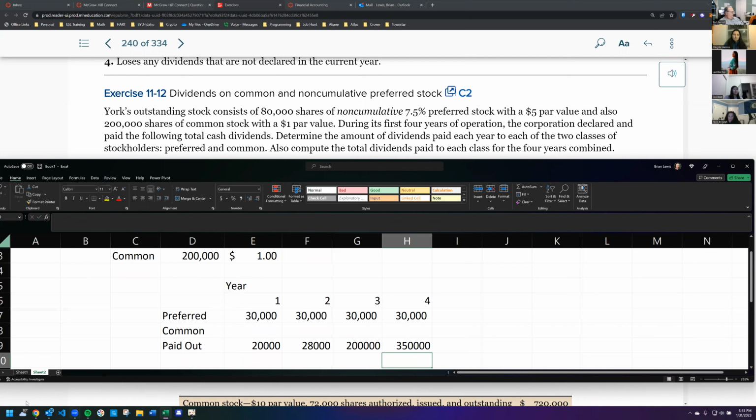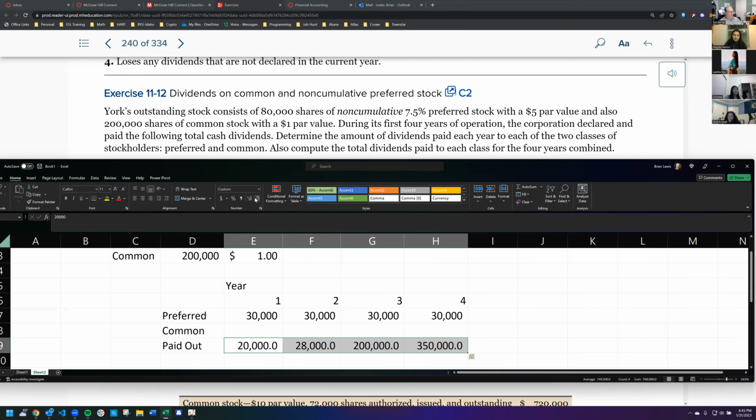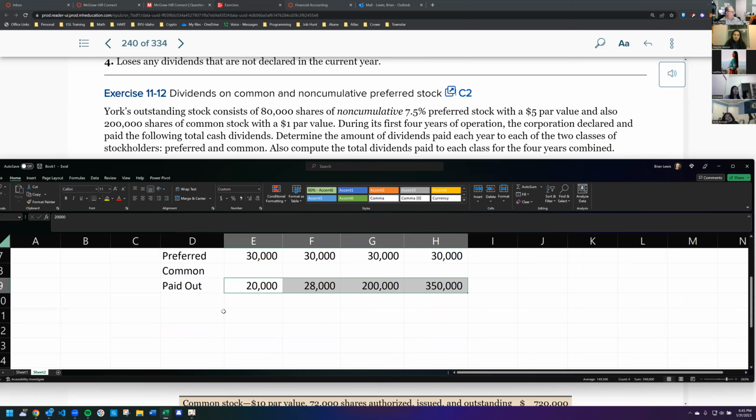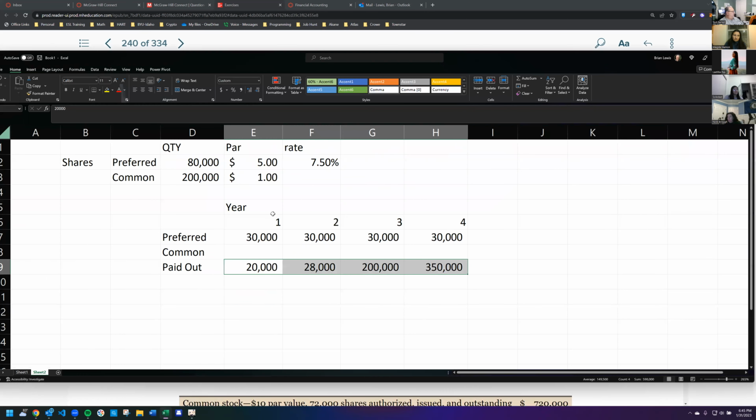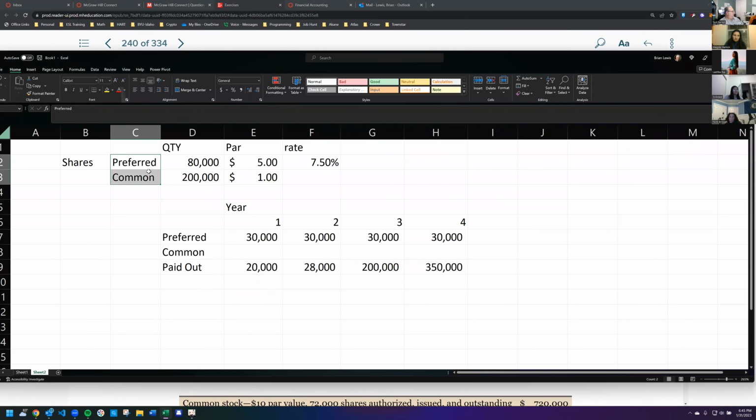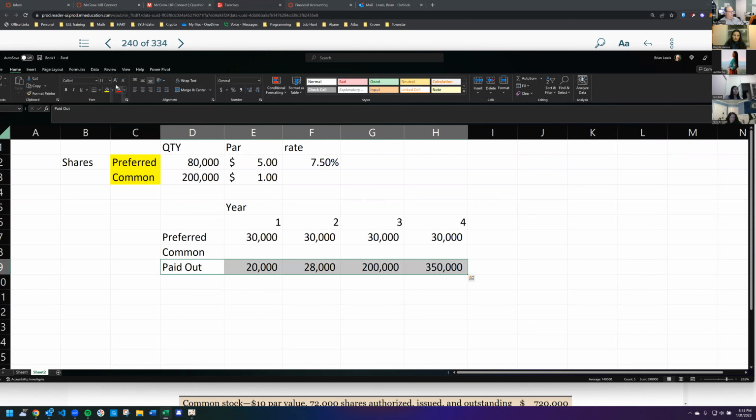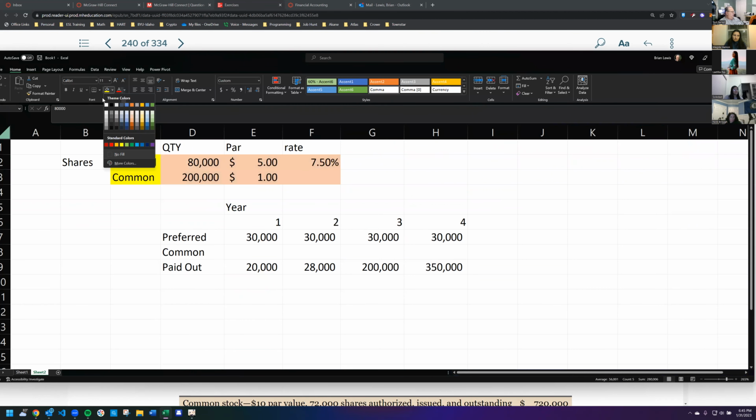Okay, so effectively, this is what you're given. I'll highlight the items that you've been given. Let's make this a little bigger now that we've got everything here. You're given this information, and this, right?